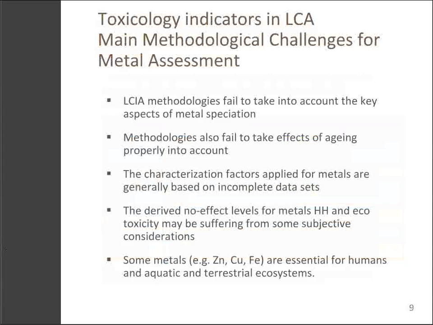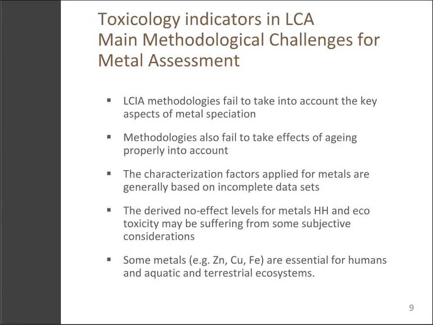First of all, one of the reasons why this USEtox indicator was considered to be robust but still to be used with caution was that there are still main methodological challenges that remain open, especially for metal assessment.